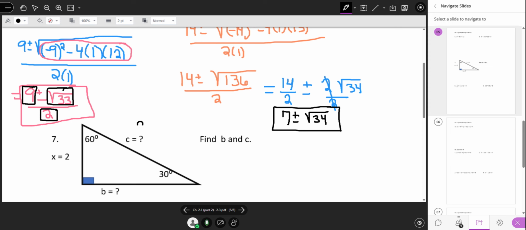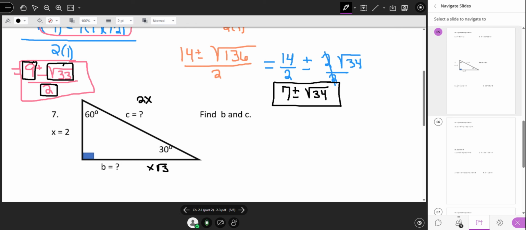Now, remember, 2x, x, square root of 3. So believe it or not, this is not a big deal. This says x is 2.